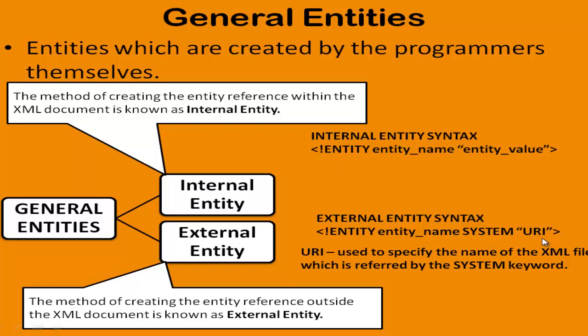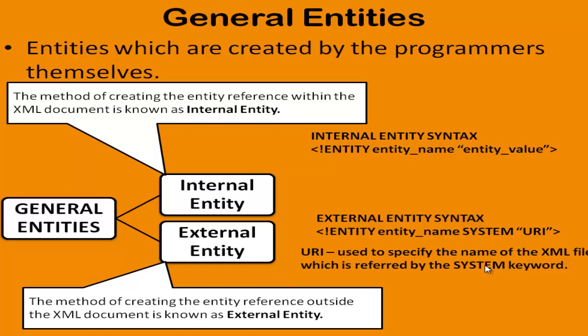And after that, the URI stands for uniform resource indicator, which is used to specify the name of the XML file. Earlier we used this in place of external DTD, so here I am going to use it in place of external entity. This URI will tell where my external entity file is present inside my system.